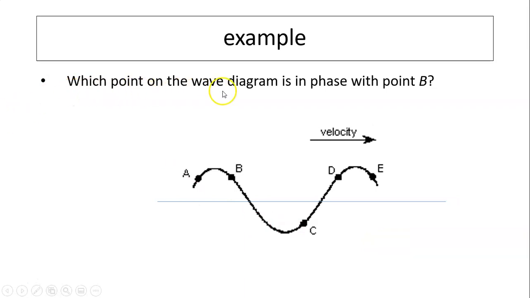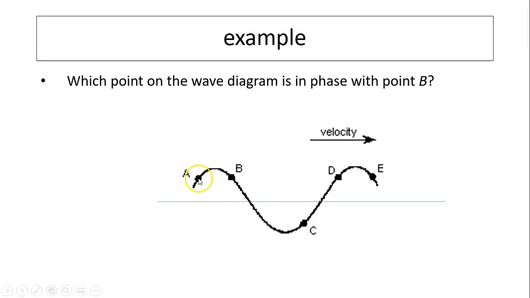Another example. Which point on the wave diagram is in phase with point B? In phase means you must have the same displacement. There are 3 other points that have the same displacement as B: A, D, and E. Besides the same displacement, you have to move in the same direction.